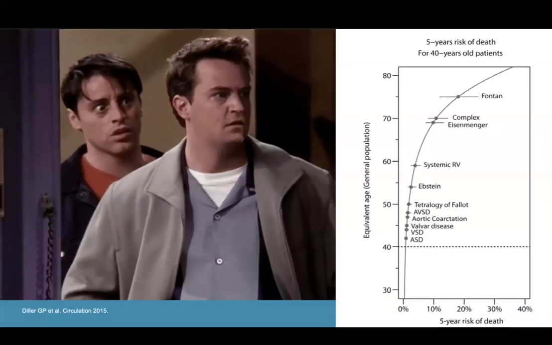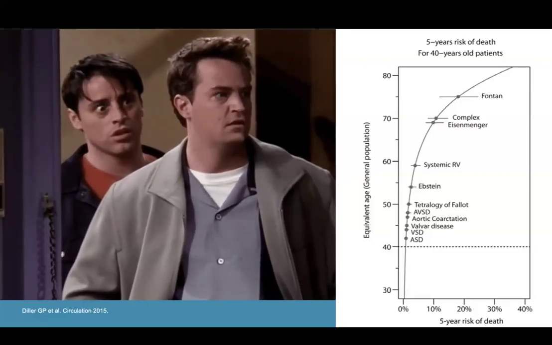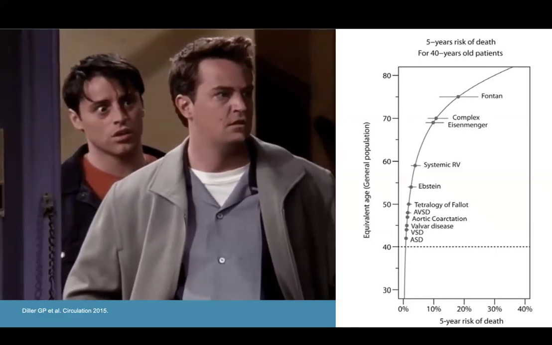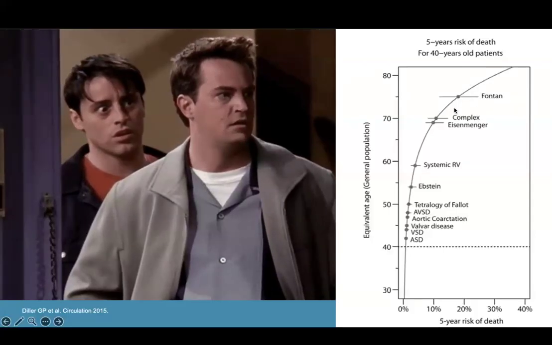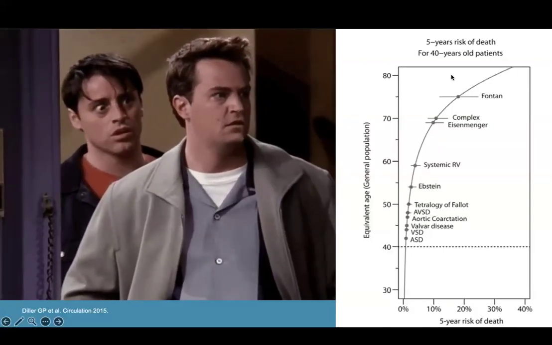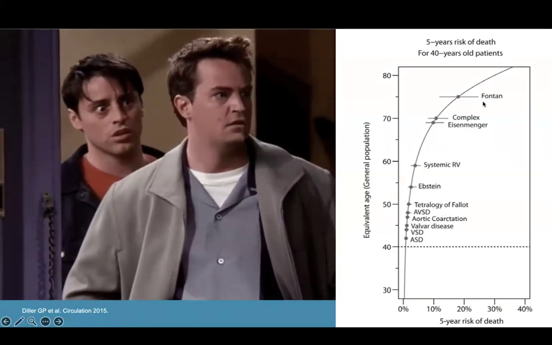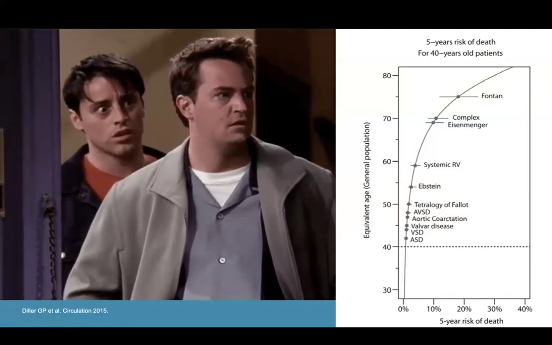If you take this a little bit further, and this is data from Brompton, a very nice paper from Gerhard Diller, already 10 years old, so maybe time for some updating. But if you look at the expected 5-year risk of death for a 40-year-old patient, you see that our Fontan patients actually do worse than patients with complex congenital heart disease in general, or even Eisenmenger physiology. So that's actually quite surprising.